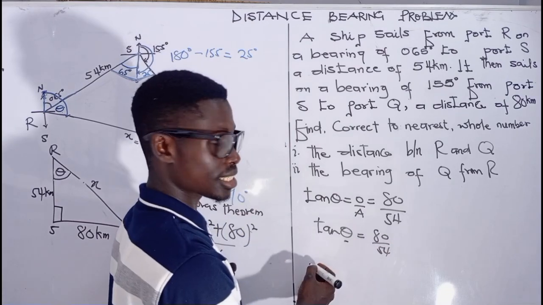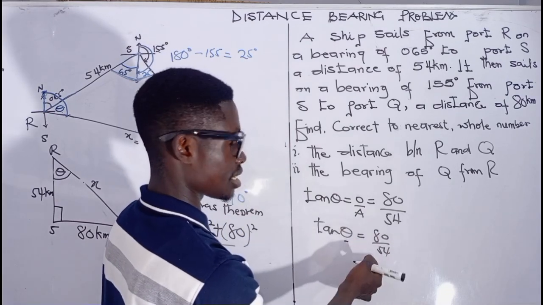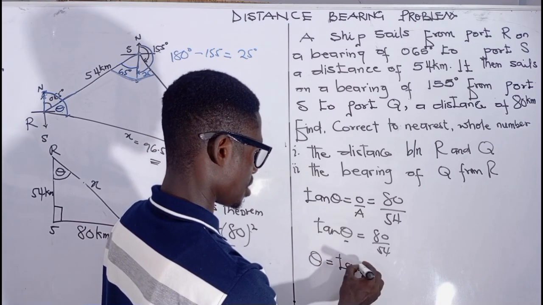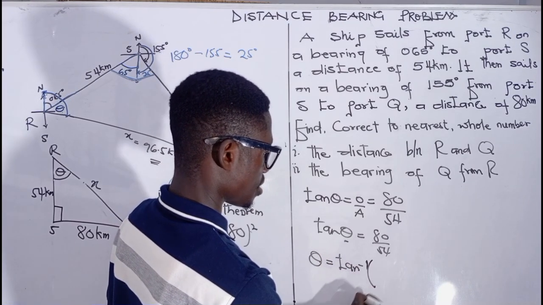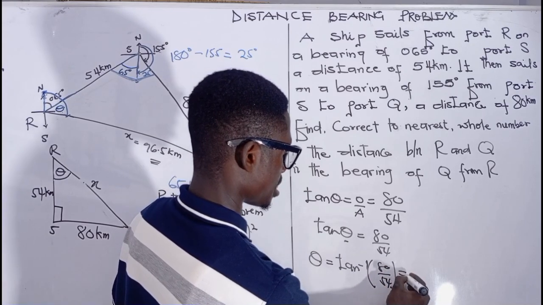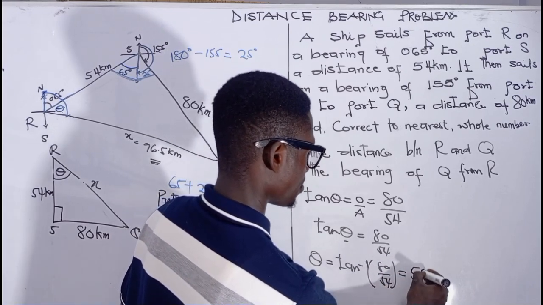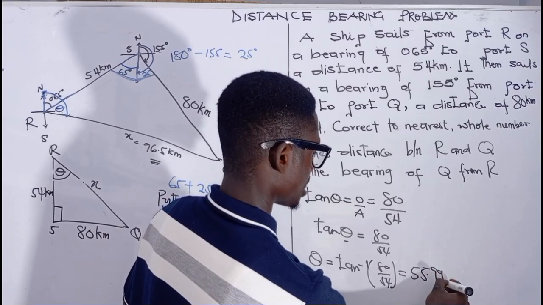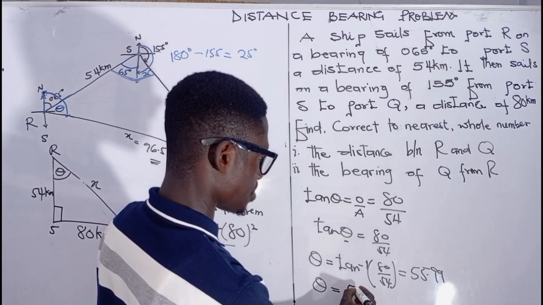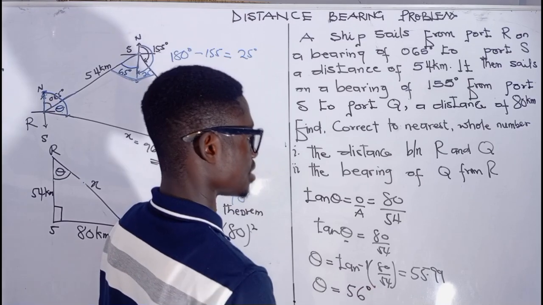So to find angle theta, we are going to take the tan inverse of this number. So we have angle theta is equal to tan inverse of 80 all over 54, and this is going to give us 55.99. So you can say that our angle theta is equal to 56 degrees.